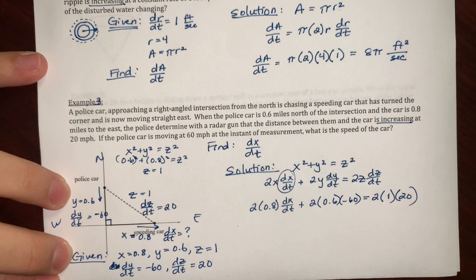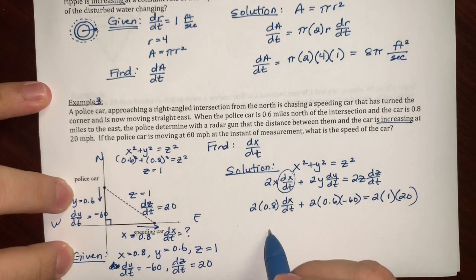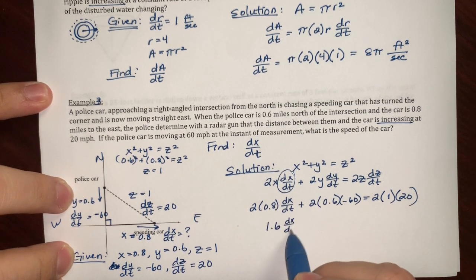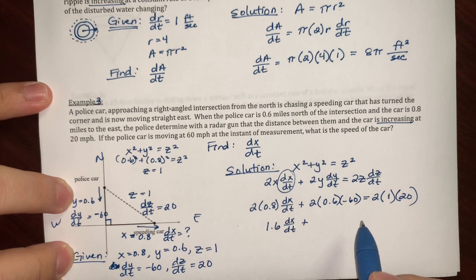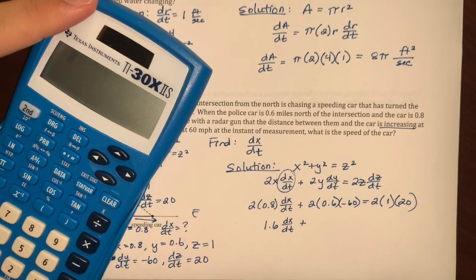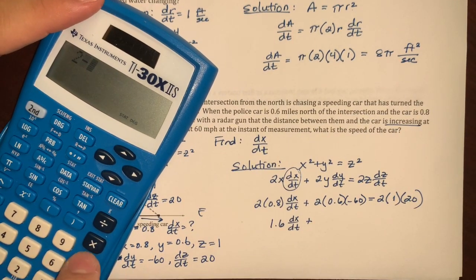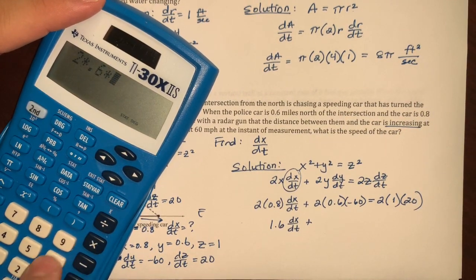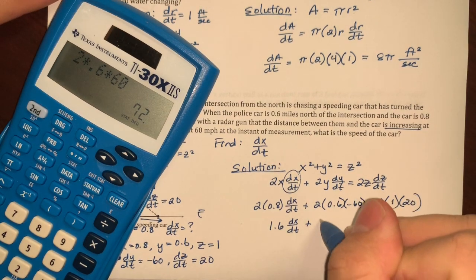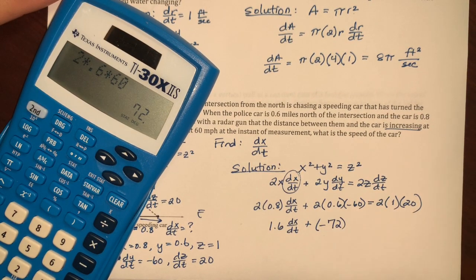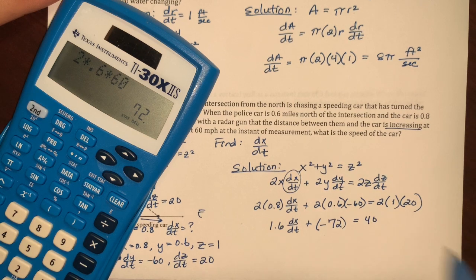So this becomes 1.6 dx/dt plus, let me use this little calculator, 2 times 0.6 times 60, which is negative 72, is equal to 40.